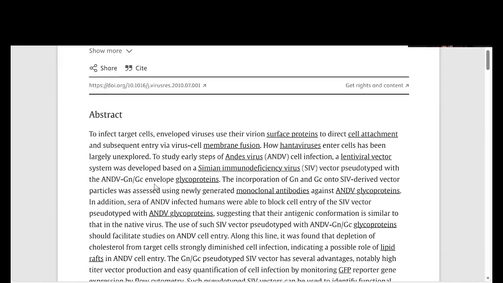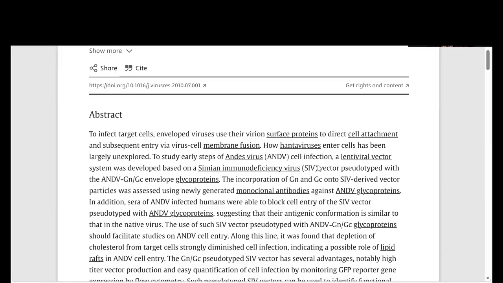In other words, you can make an SIV virus instead of having its typical SIV glycoprotein spike. You have now modified and allowed for a chimera of Hantavirus Andes as a spike for SIV.